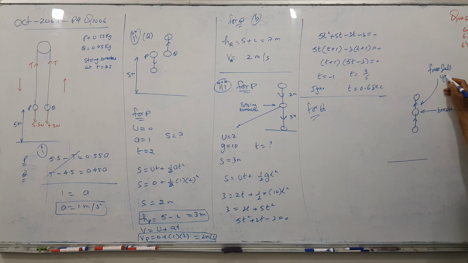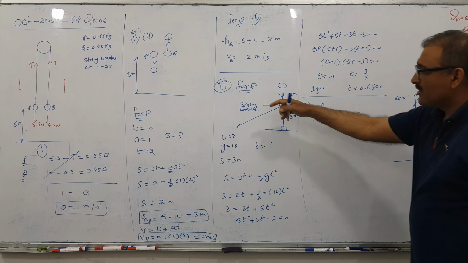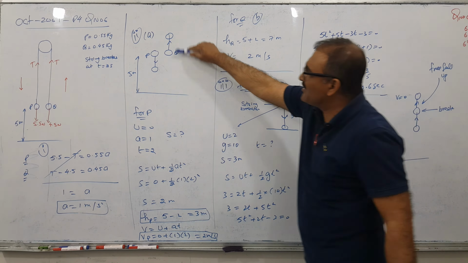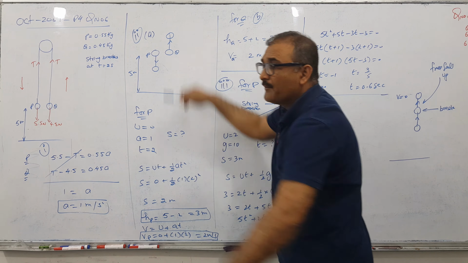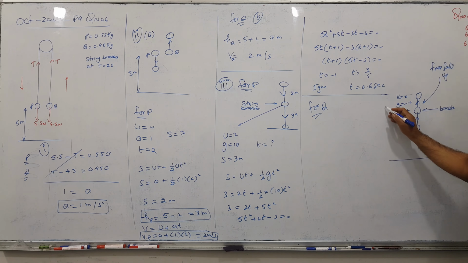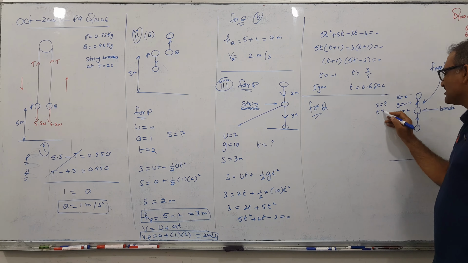So the last speed is confirmed 0. The speed here is 2. So when it reaches here, the speed is 2. The final speed becomes the initial speed here. u is 2 now for this motion. And gravity going upward is negative. So I want to find 2 things: I want to find S as well as T.